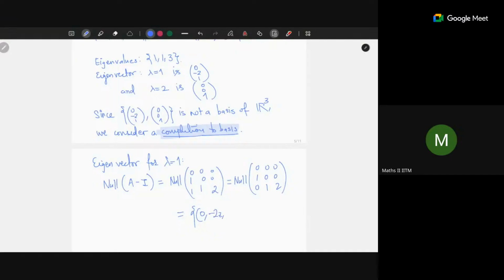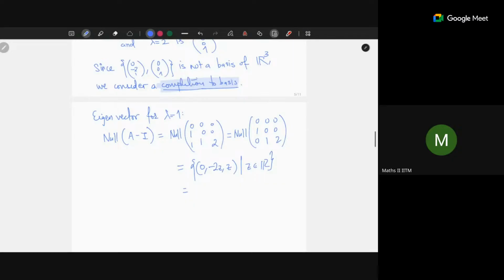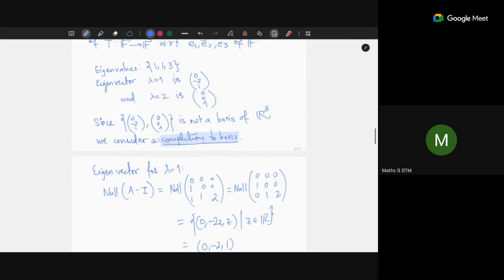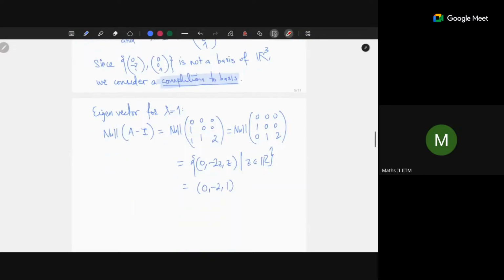So it will be 0, minus 2z, z, where z is the independent variable. So what will be the basis? It is 0, minus 2, 1. That is what I've written over here. Is this clear? How did I calculate this eigenvector?